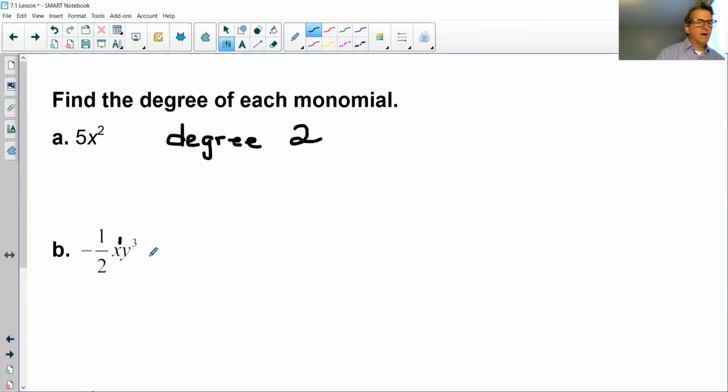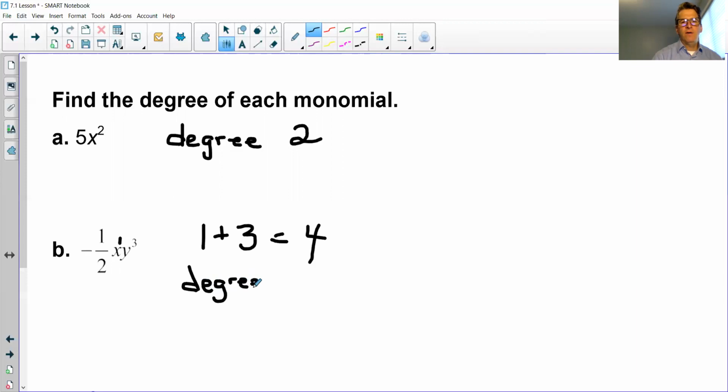If we're going to calculate the degree of this monomial, you're going to take this 1 and add it to 3, and that's 4. So this monomial has a degree of 4. 3 plus 1.